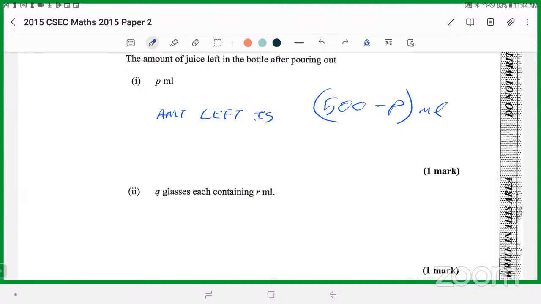So if you pour out Q glasses, each containing R milliliters, then the total amount you pour out is Q times R. You have poured out Q times R. So the amount left in this case is the 500 that you had minus Q times R. That's how I write R. Don't pay it no mind. That's how I write it. Q times R milliliters. Good at that? Okay? Good. Let's continue.